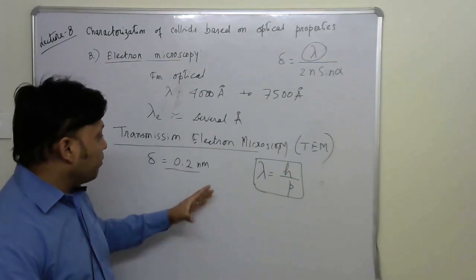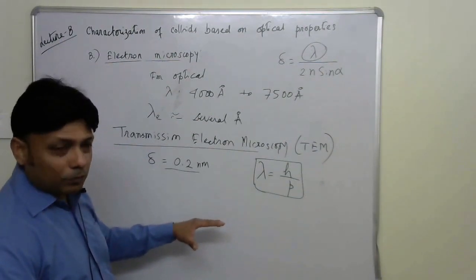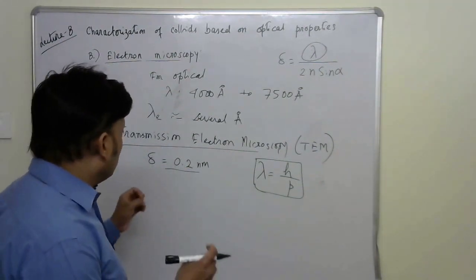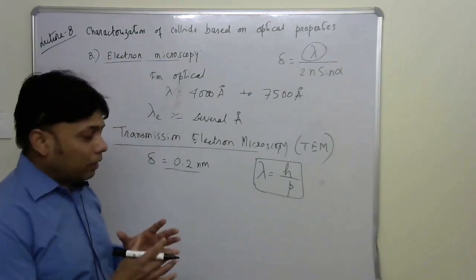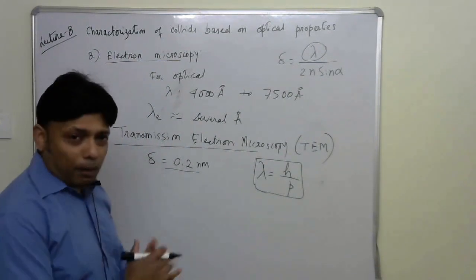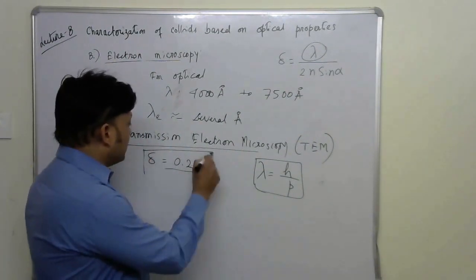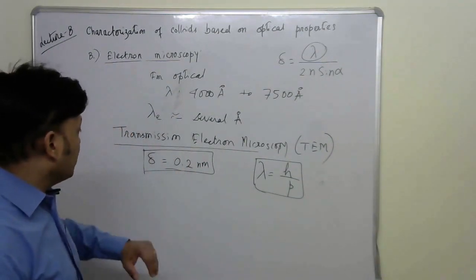So there is a possibility of a high degree of aberration of electron beams associated with it. So due to the stability of the electron beam and the limitation of the aberration experienced by the lens, the resolution is limited up to this point.